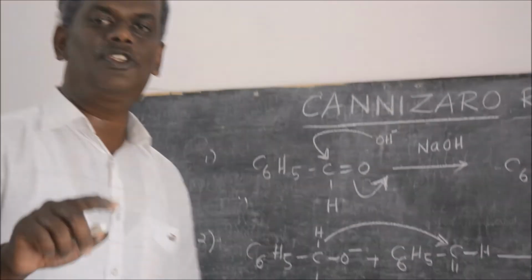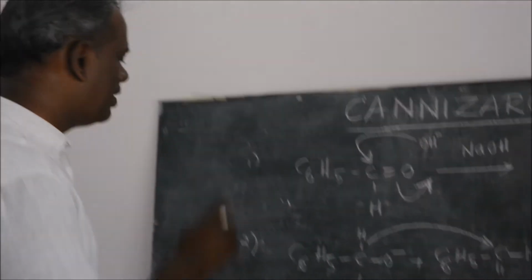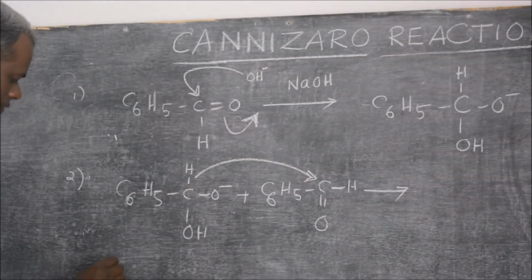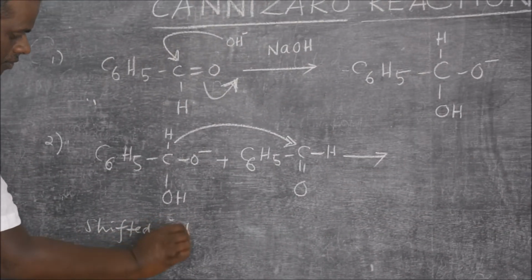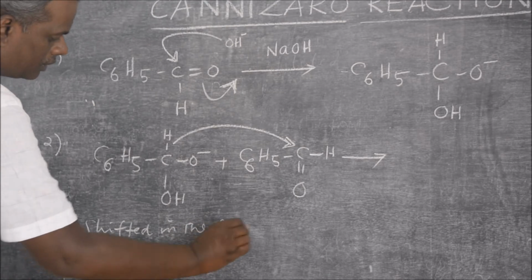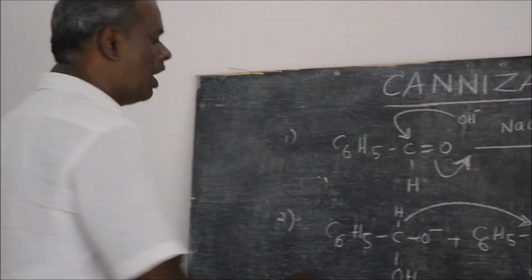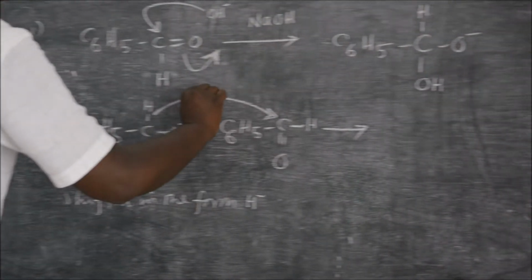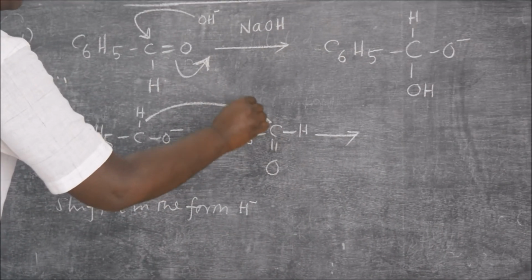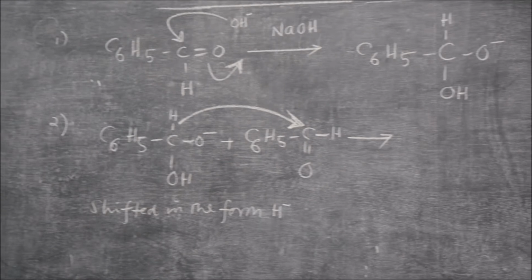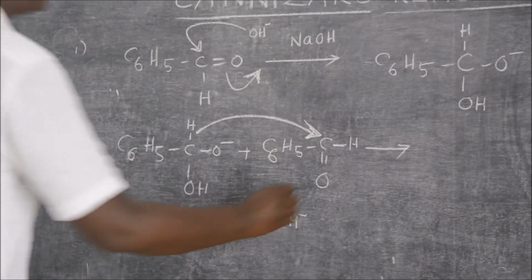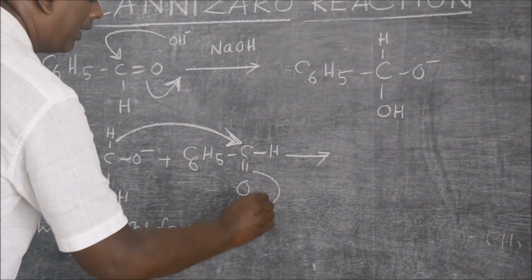Usually hydrogen is removed as H plus, but here the hydrogen is shifted in the form of H minus with the electron pair. It is moving and making a new bond with the carbon atom. Try to follow the arrow mark. While the attack happens, the existing bond is broken and oxygen carries minus.